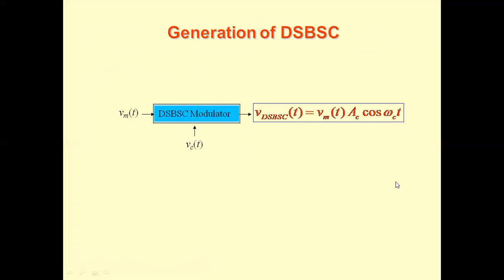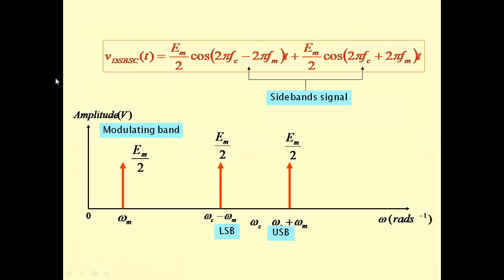So when the message is multiplied by the carrier, we will be getting the two sidebands. When the message is added to the carrier, we will be getting the carrier, upper sideband and lower sideband. That is the process of AM. When the message is multiplied with the carrier, we are getting the upper sideband and the lower sideband. This is the generation of DSBSC.